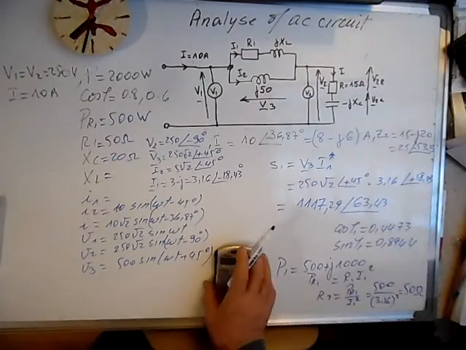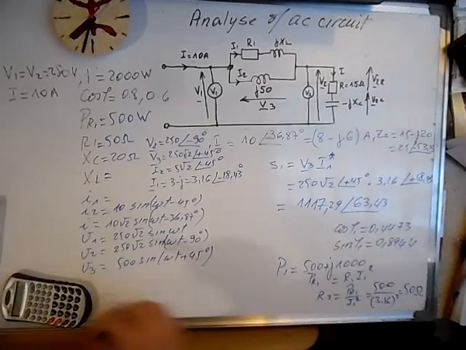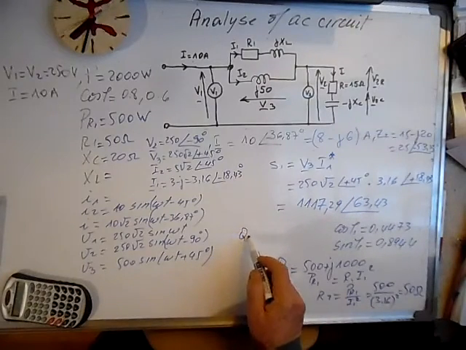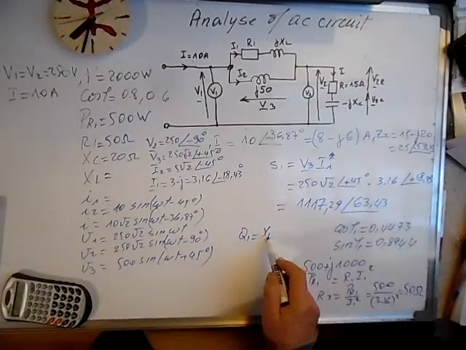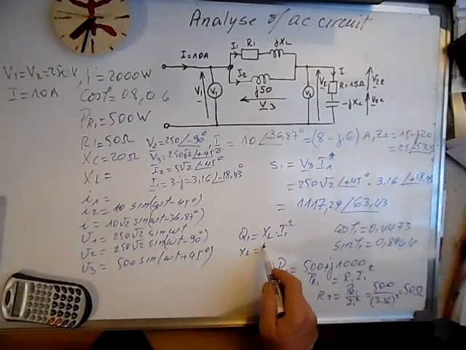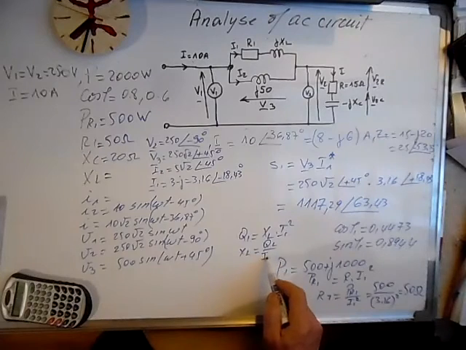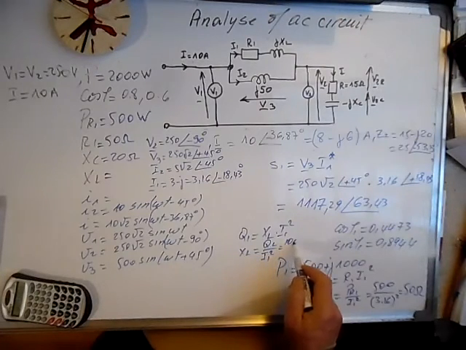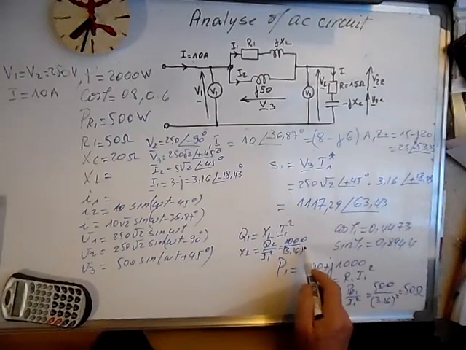And XL, we go to Q1. Q1 is XL times I1 squared. XL is Q1 over I1 squared. 1000 over 3.16 squared.